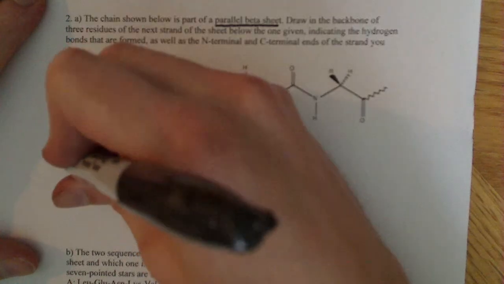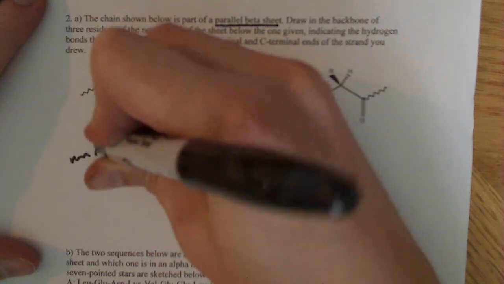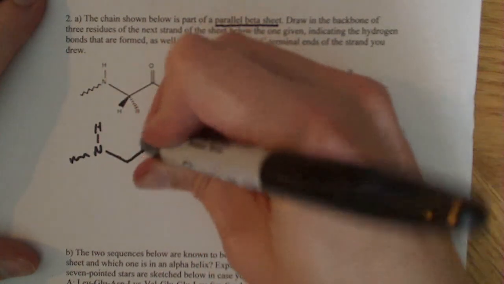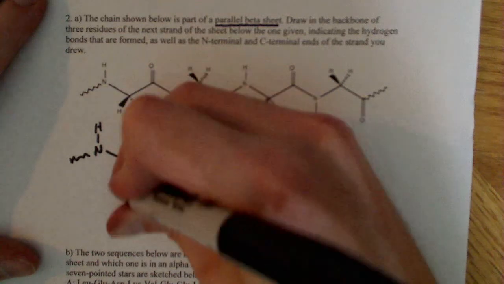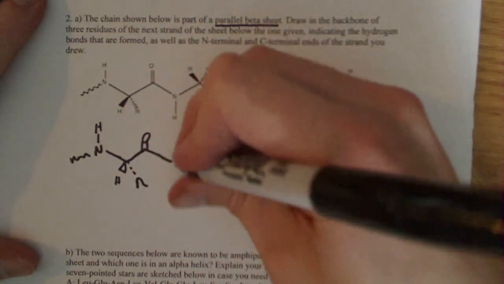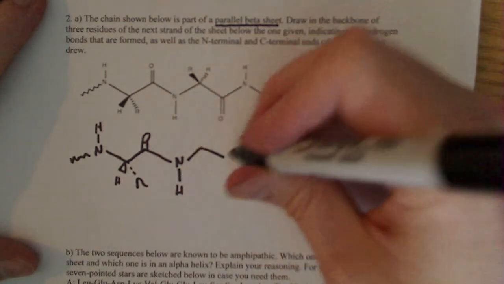So let me show you what's going on. I'm just going to start drawing this out. Basically, exactly the same way you see it above here is exactly how I'm going to draw it. It's pretty much an identical copy. And then it's just a matter of understanding where the hydrogen bonds go.